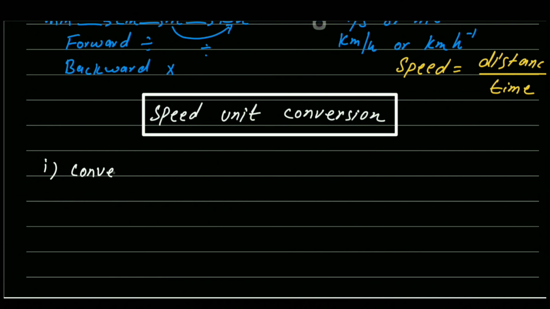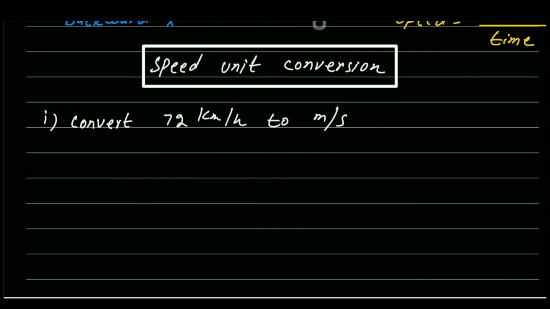Like if the question is convert 72 kilometer per hour to meter per second, how will we solve it?